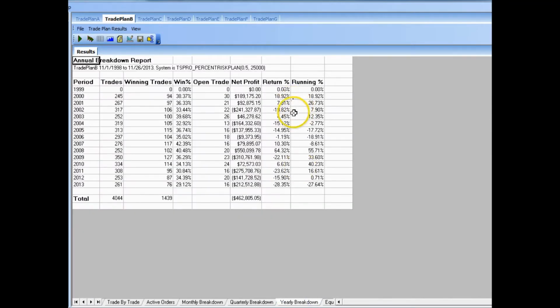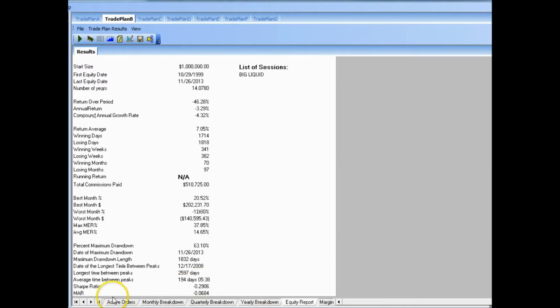And if we look at the yearly breakdown, quite a number of losing years, and we had a couple decent winning years, but overall you can see the system doesn't perform well. In actuality, it loses 4% annually with a max drawdown of 63%. And your Sharpe ratio, the higher the better, and for trend following systems you usually want to see it at least 0.5. And here we're down below 0, so not a good system to trade mechanically.